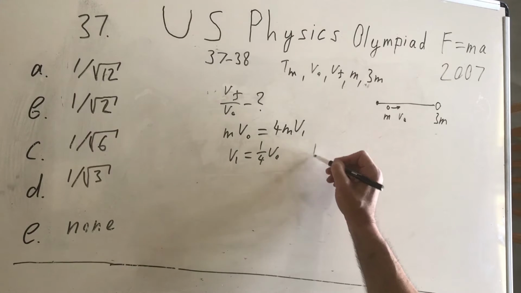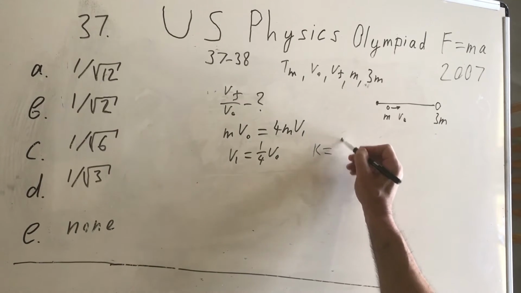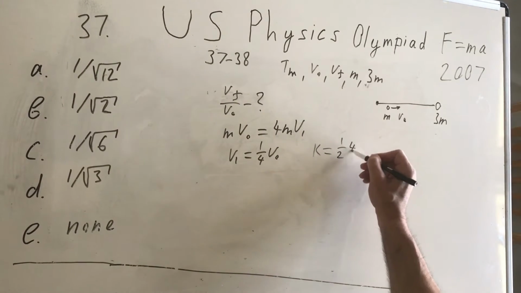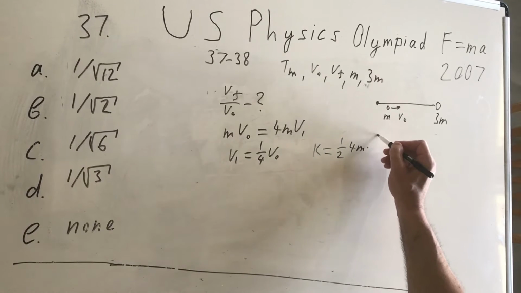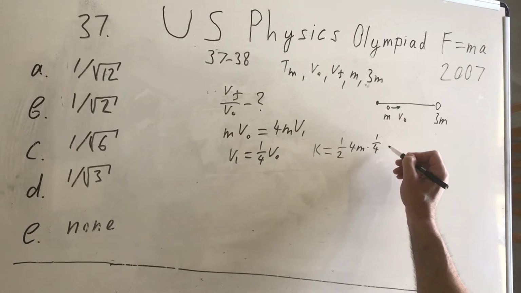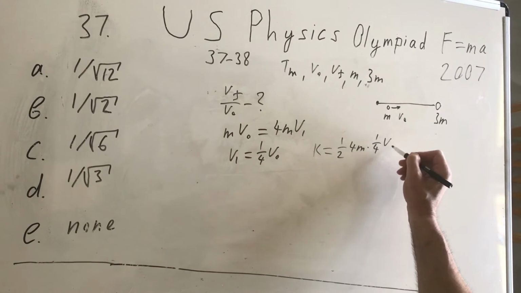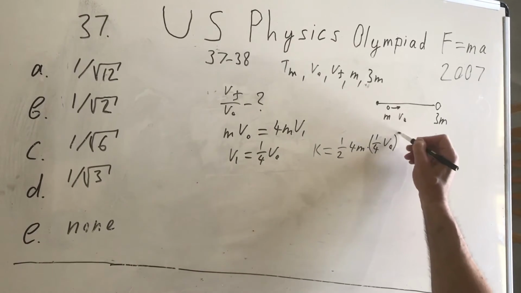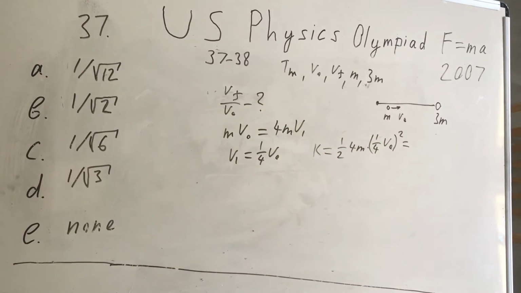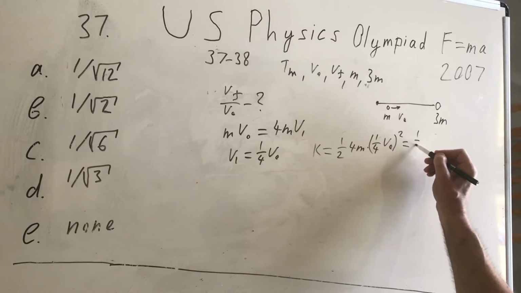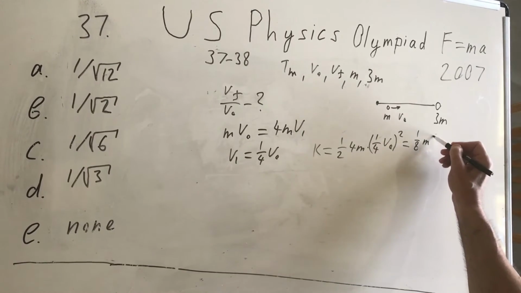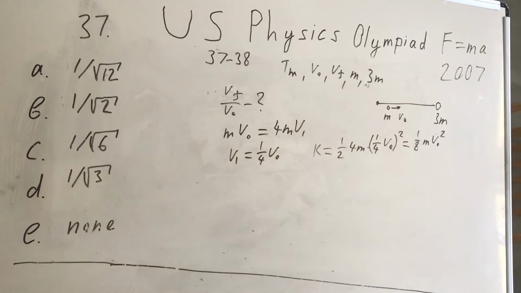So all this energy, K, equals 1/2 times 4m multiplied by (1/4 V0) squared, which is 1/8 m V0 squared.